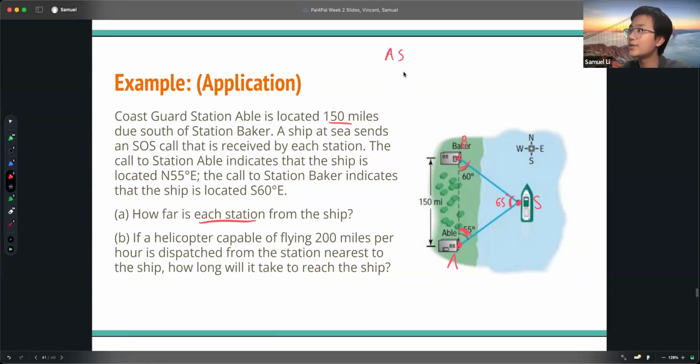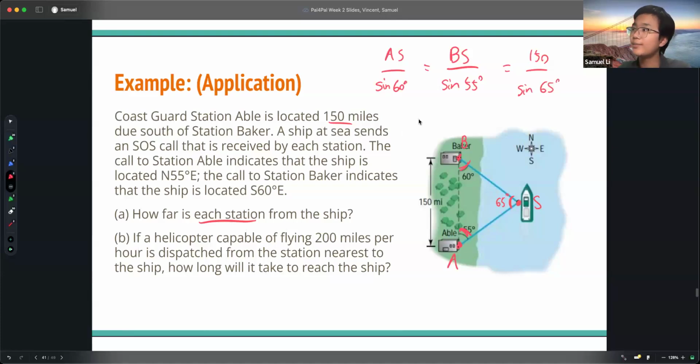So AS over sine of 60 degrees is equal to BS over sine of 55 degrees, which is equal to 150 over the sine of 65 degrees.